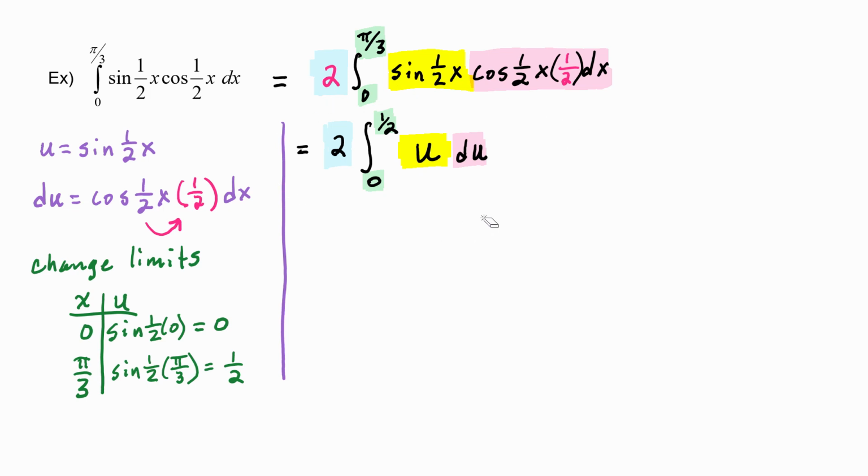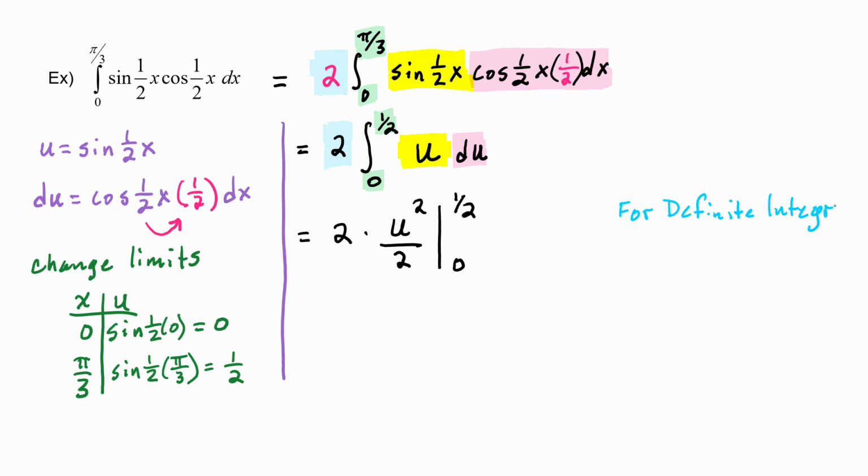So now it's time to evaluate the integral. This is going to equal 2, and the integral of u du is going to be u squared over 2 evaluated from 0 to 1/2. And let's remind ourselves that for definite integrals, never go back to x.